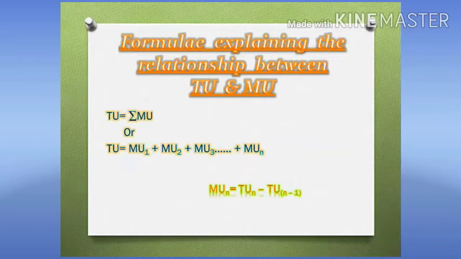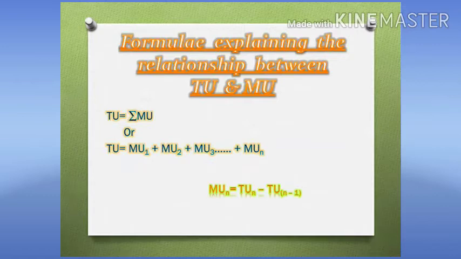Next, how to calculate marginal utility? MUn equals TUn minus TUn minus 1. That is, marginal utility of n units is equal to total utility of n units minus total utility of n minus 1 units.